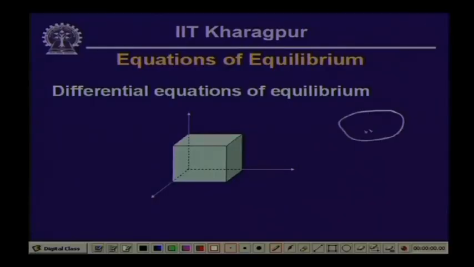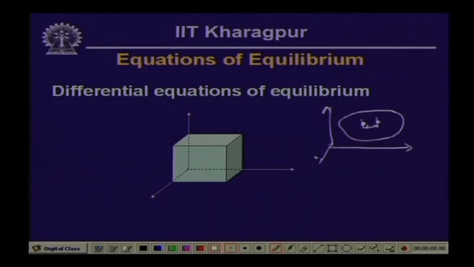Coming back to this body here, say for example, we have a body which is stressed and we would like to find out the change in stress from this point to this point. So, we need these changes to be evaluated through these equations of equilibrium.